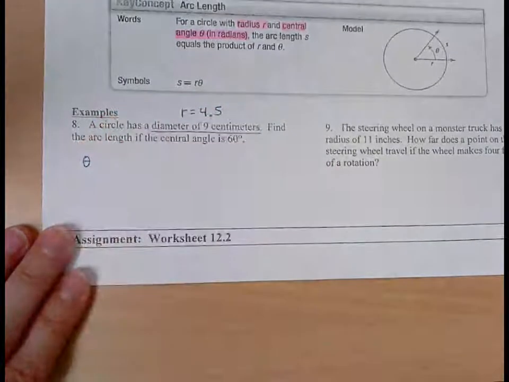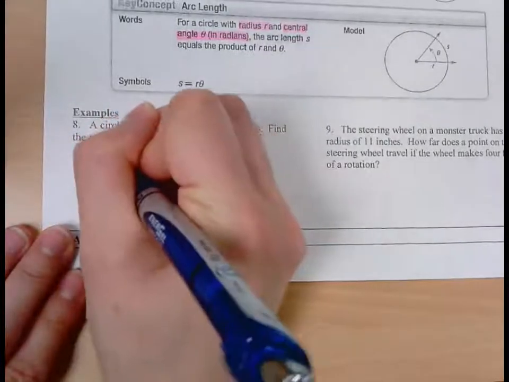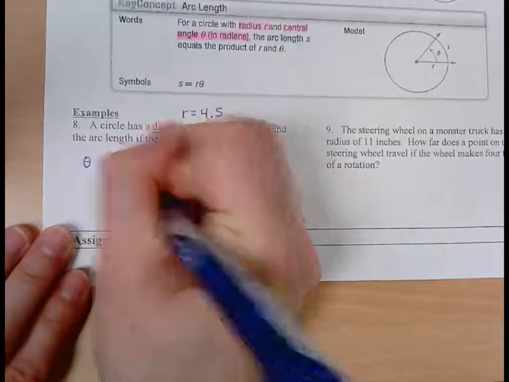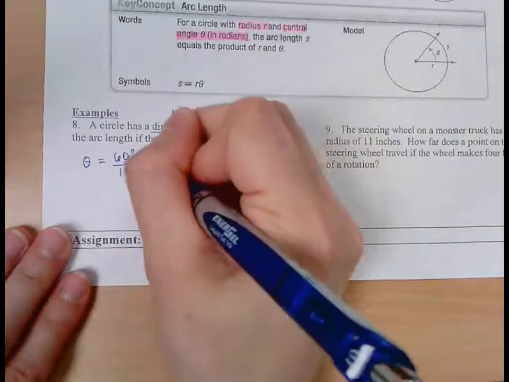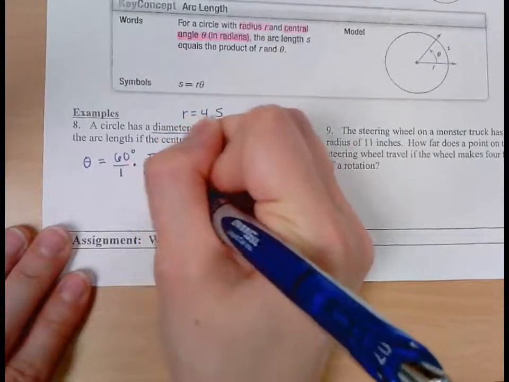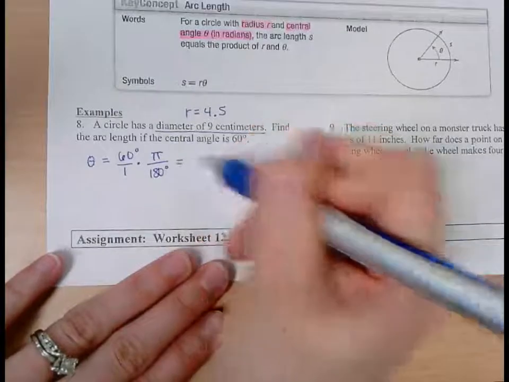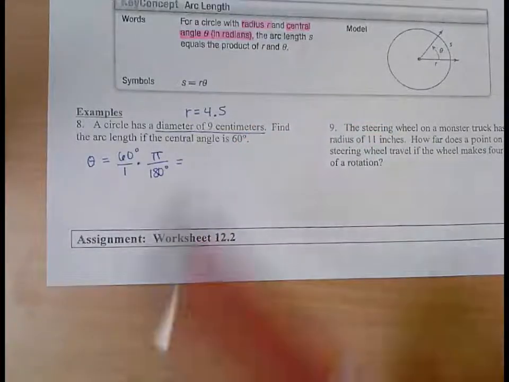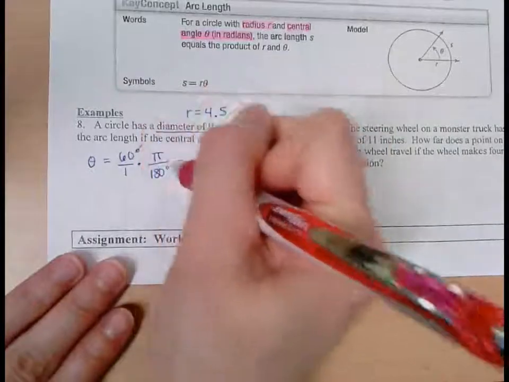So the central angle theta is going to equal 60 degrees. I'll put that over 1, multiplied by the conversion factor to change degrees into radians. So that would be pi over 180 degrees, like we did in example 6. And I can cross simplify. I can divide 60 and 180 by 60, and the degrees cancel out.